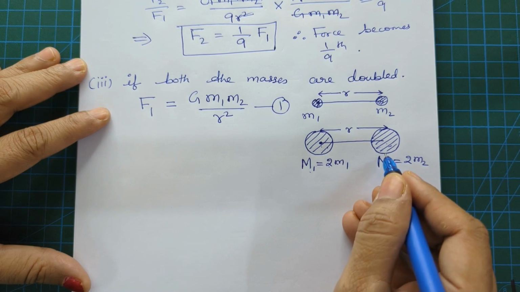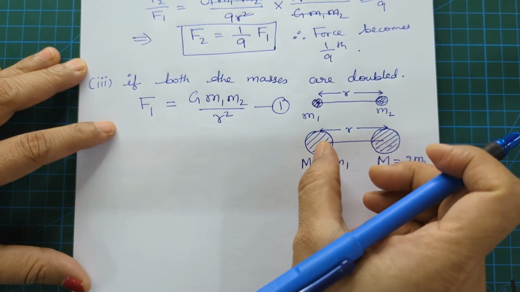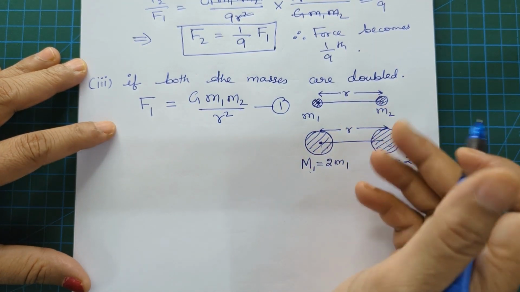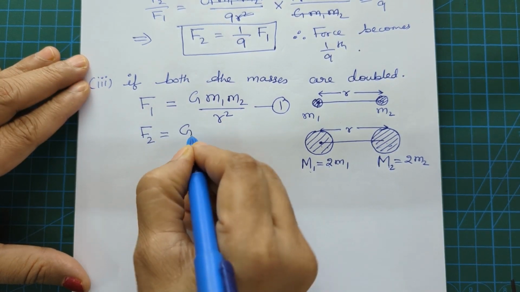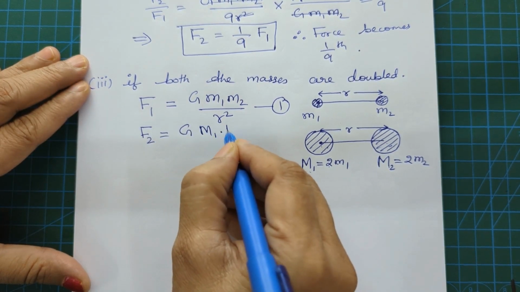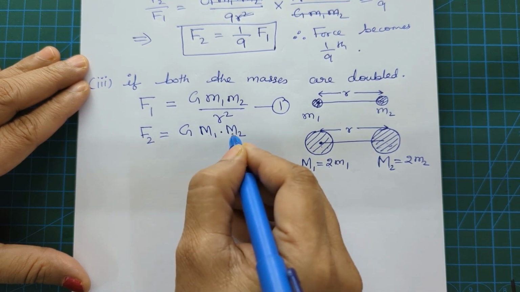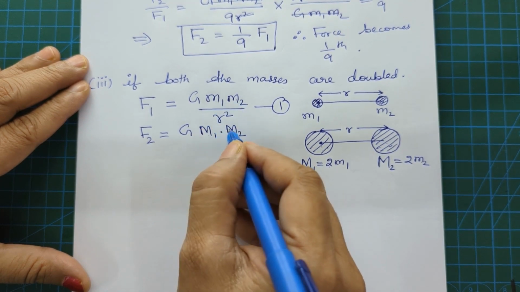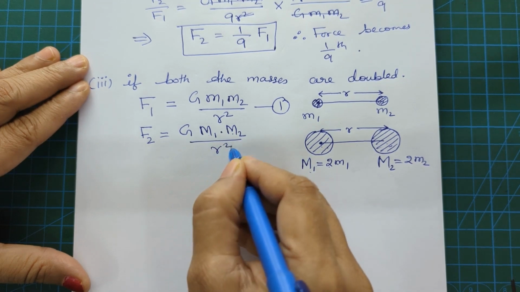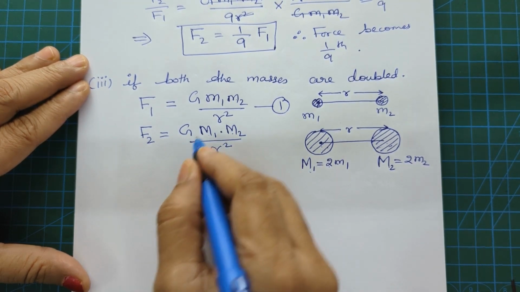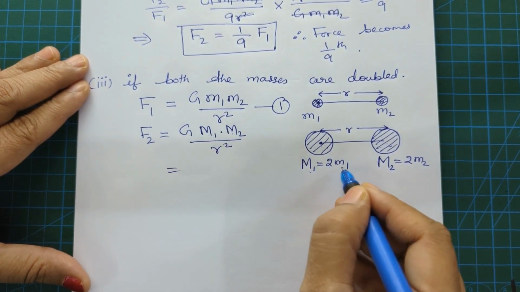Now masses are doubled. So if any of 1, 2, 3 changes, force also changes. So the new force of gravity is G capital M1 into capital M2, because mass is changed. Earlier I took small letters, now I am taking capital letters just to tell that masses are different. Distance of separation is same, r square. Here M1 is what? Twice the initial mass.